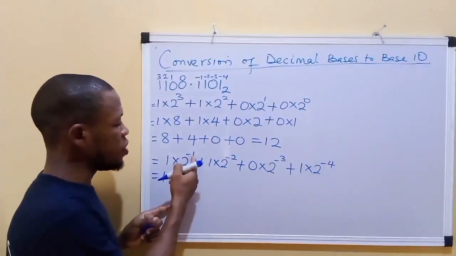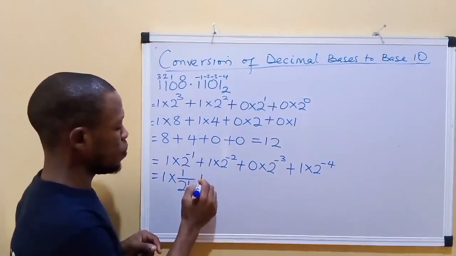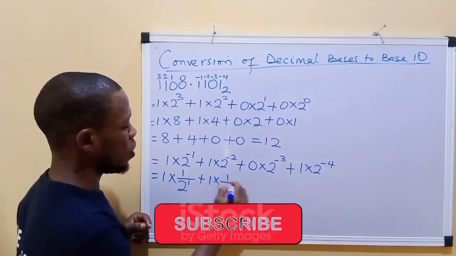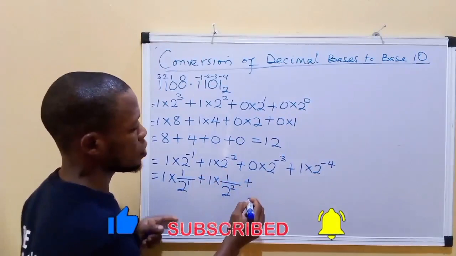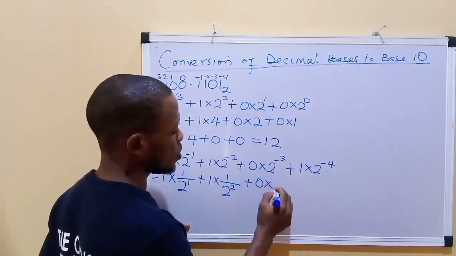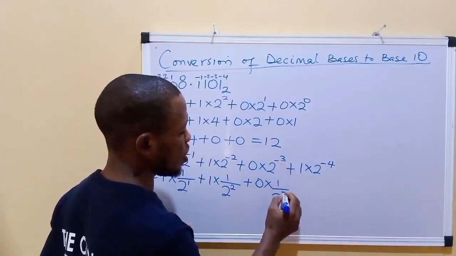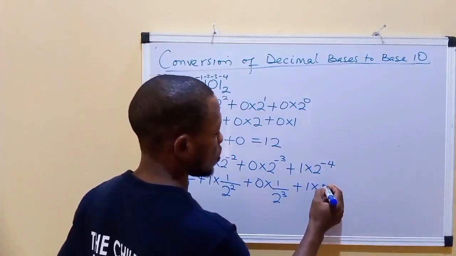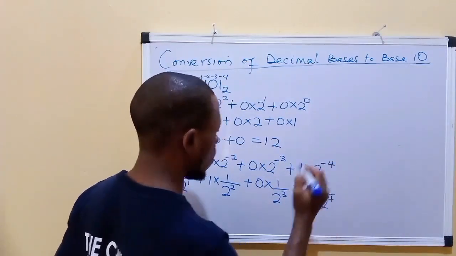So the positive index of minus 1 gives us 1. Plus 1 times 1 all over 2 raised to power 2. Plus 0 times 1 all over 2 raised to power the positive index 3. Plus 1 times 1 all over 2 raised to power the positive index 4.